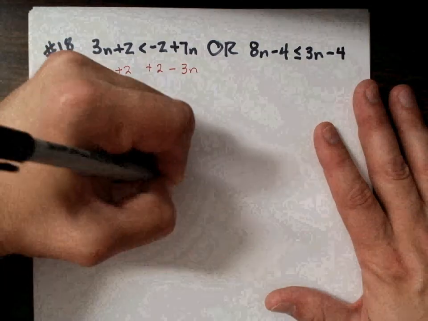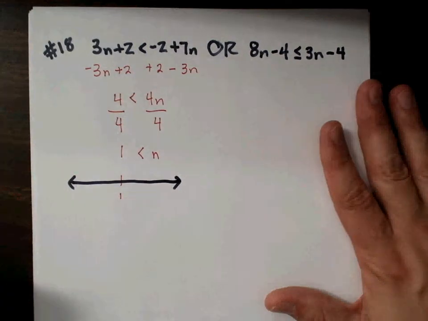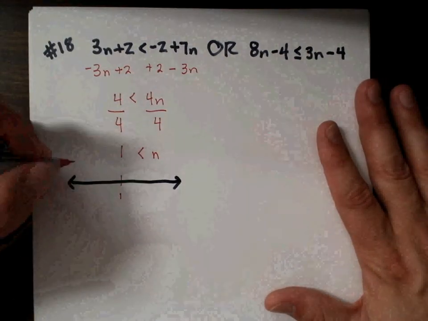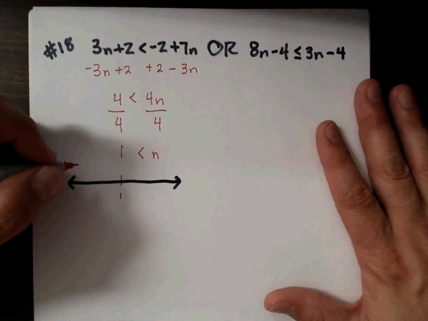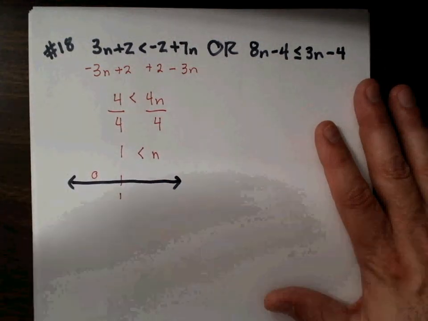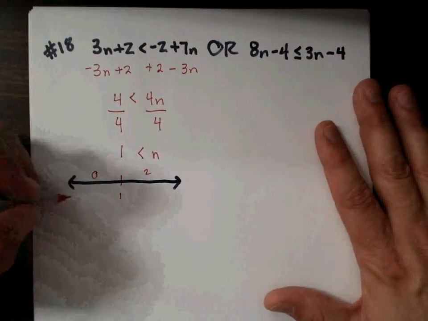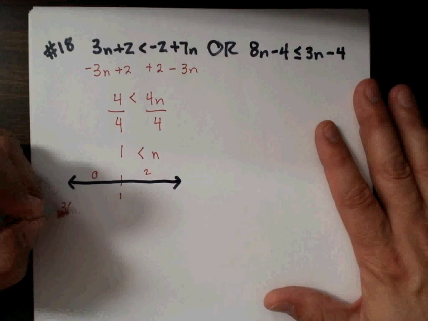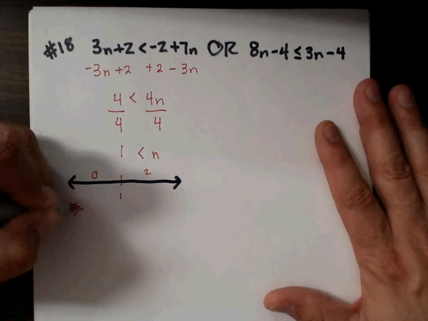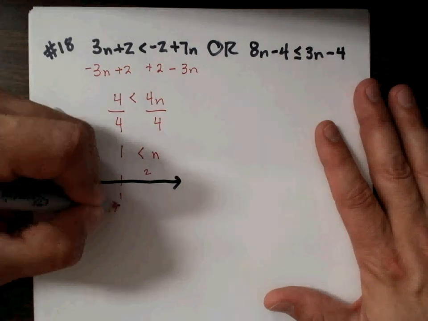Now I need to check it. And I'm going to check it at 1. What number's to the left of 1? 0. What number's to the right of 1? 2. All right, so I'm going to check that in my original inequality. So it's going to be 3 times 0 plus 2 is less than negative 2 plus 7 times 0.